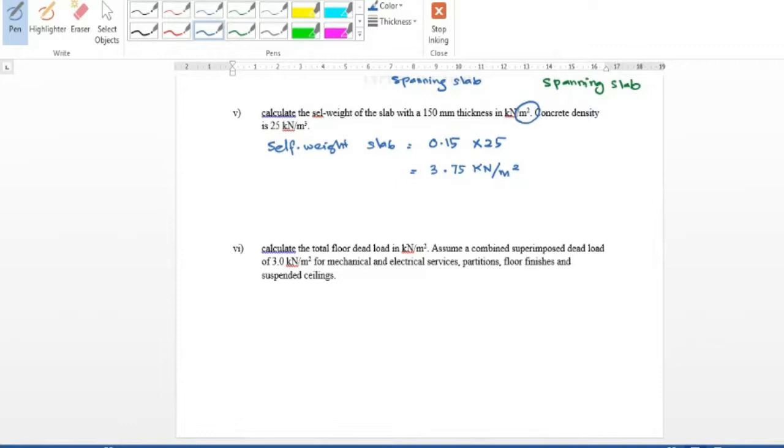Please remember, self weight of slab is in meter square, because slab is a wide area. For the slab, the width is more than the thickness.